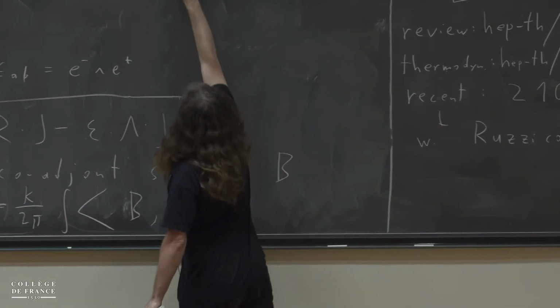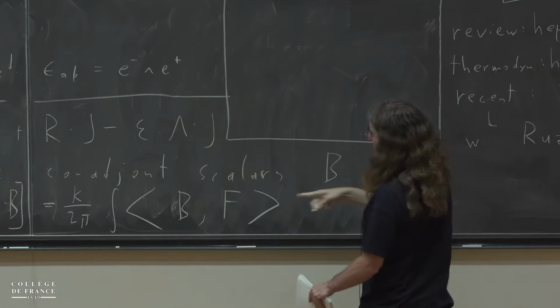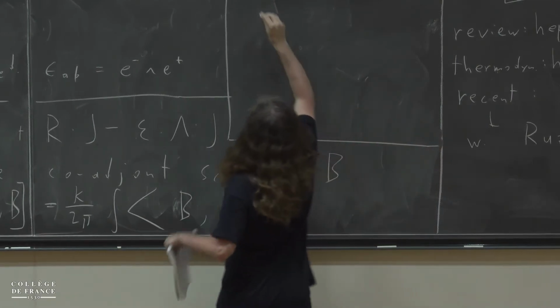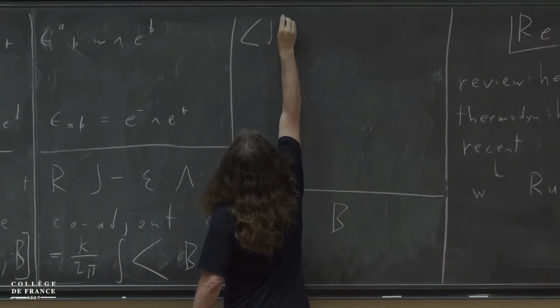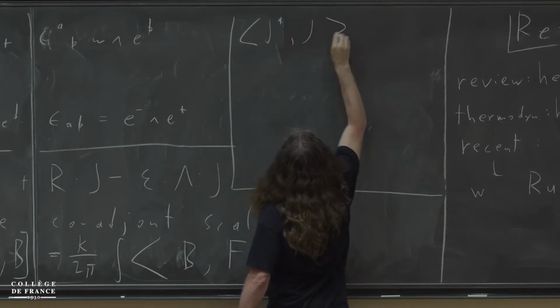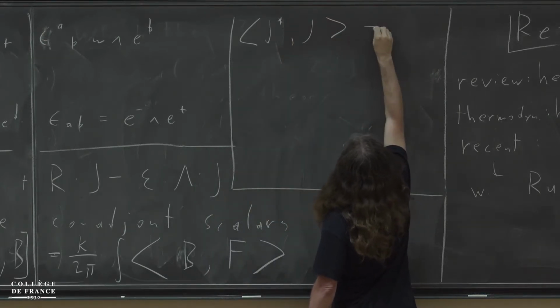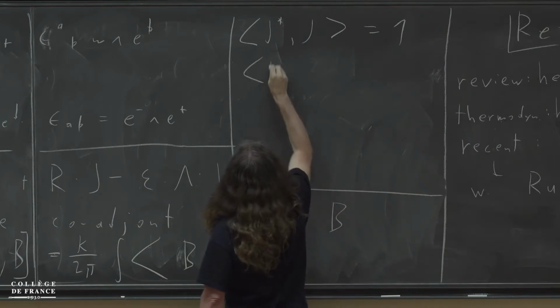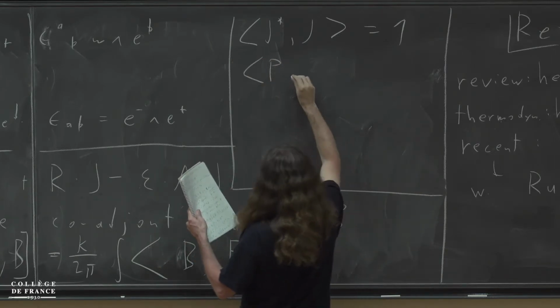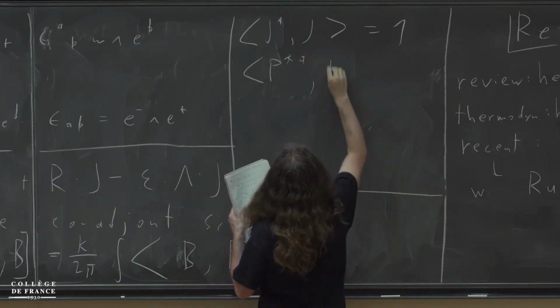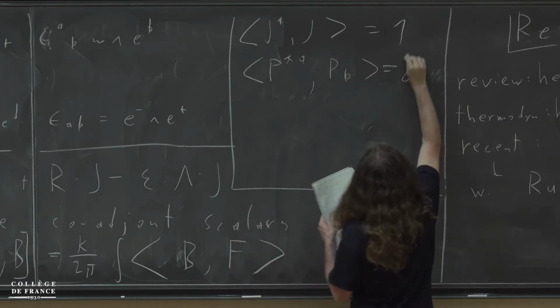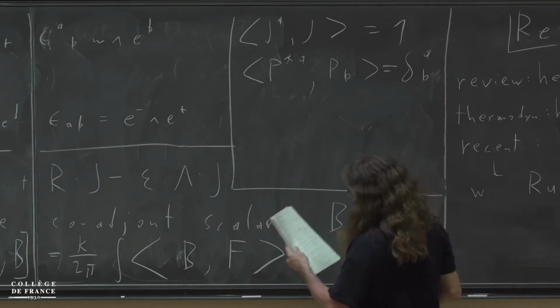So to be a bit more explicit about this bilinear form, one way to define it is that we introduce some dual bases and define the bilinear between J dual and J to be 1, and between P dual A and PB to be Kronecker delta AB.